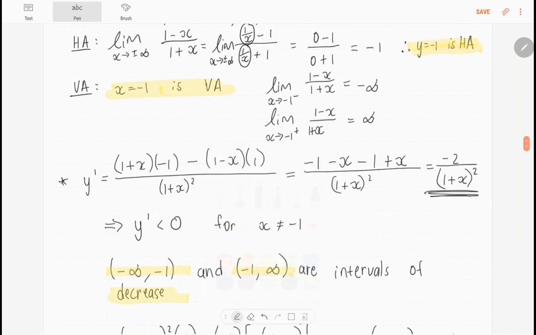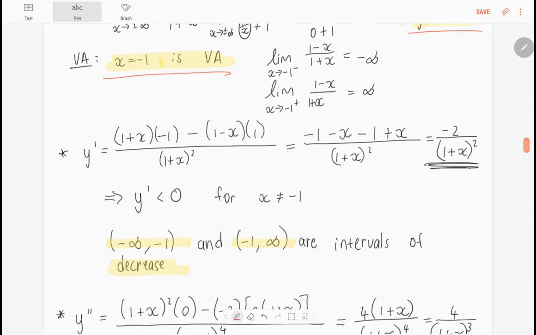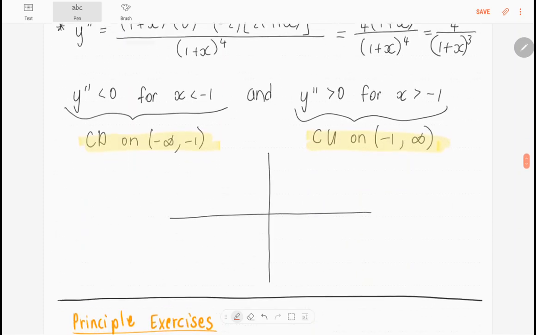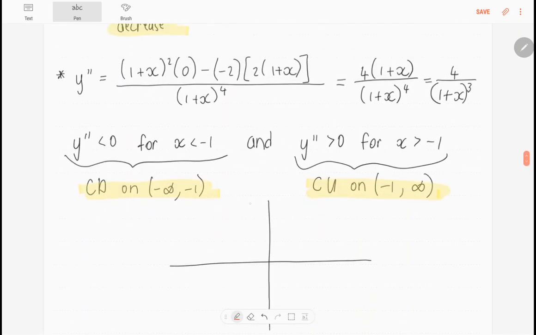I'm going to draw them in red. So this is my first one. This is when x equals minus 1. And this is my second one. That is when y equals minus 1.